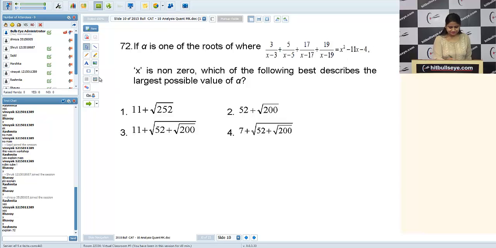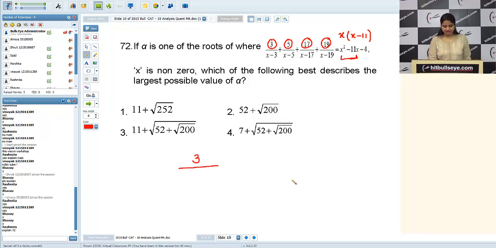As you can see, this term we can write this way, x minus 11. So we are trying to relate every term with this. So we can write 3 upon, first of all, okay, let us see, we have different constants here. So we'll try to make them equal.